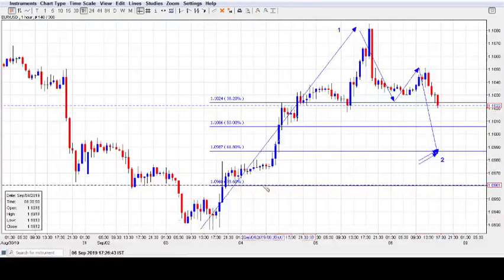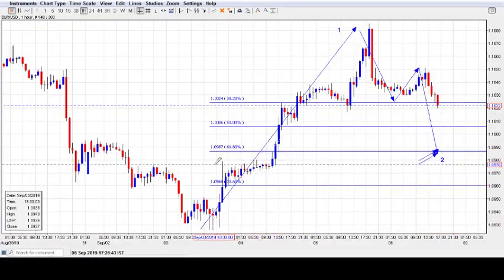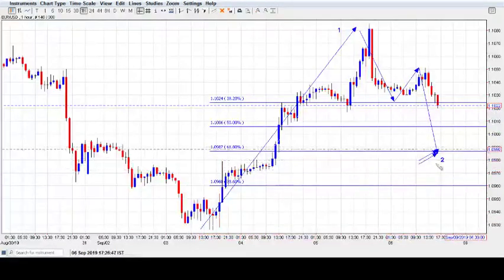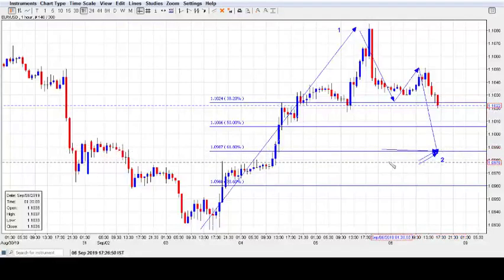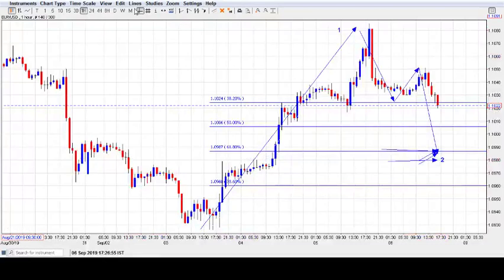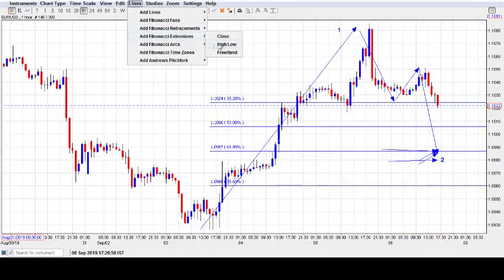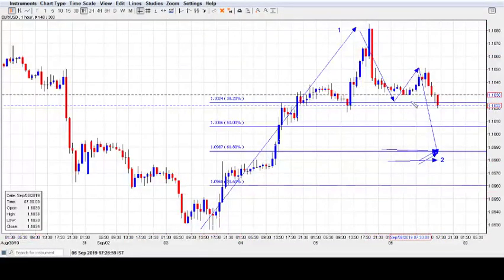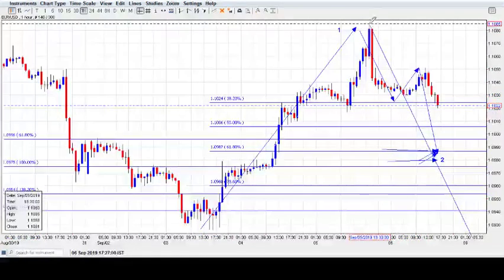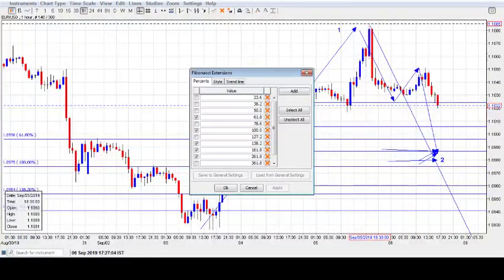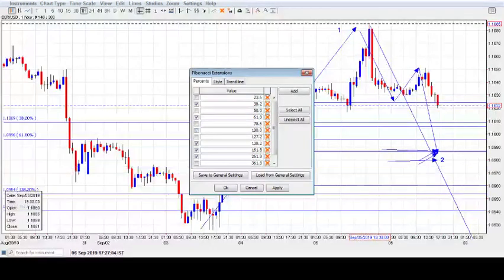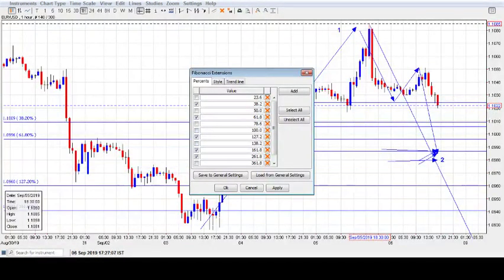As a 61.8% mark as well, past resistance becoming support as well. So watch out for 1.0987 support. Another technique to find out an extension, the extension of wave A, and let's see if there's a convergence coming in.